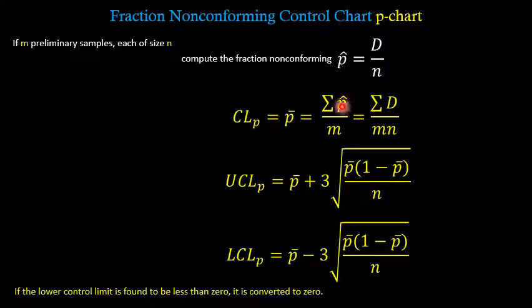We can use either formula. The upper control limit is P bar plus 3 times the square root of P bar times 1 minus P bar divided by n, and the lower control limit is P bar minus 3 times the square root of P bar times 1 minus P bar divided by n.